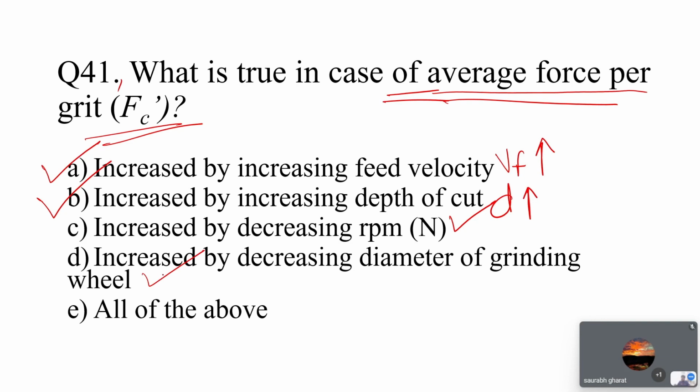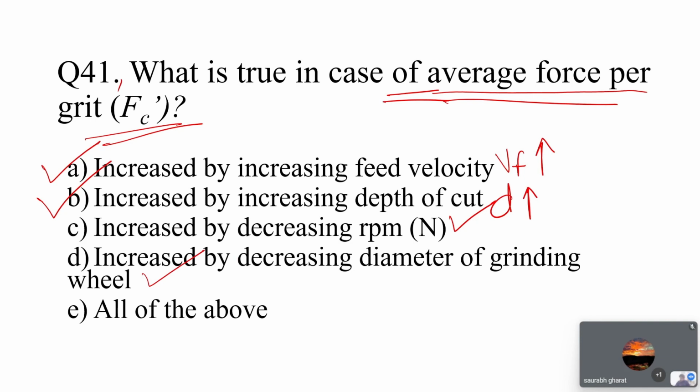Because everything is actually contributing. You know from the equation that the professor actually taught during the slides. So from that equation you can easily find out that everything is actually important. So you must know that equation. What is that equation?